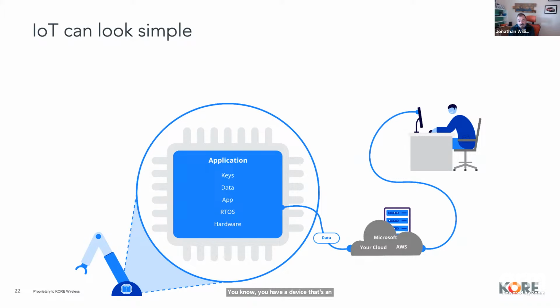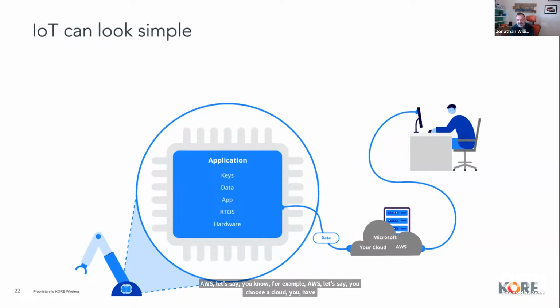It has a bit of hardware, an operating system, an application or firmware. Maybe you've got some keys and something you need to connect through to your back end, for example, AWS, let's say. You choose a cloud, you have connectivity, you connect your device, and away you go, right? I mean, how hard can it be? But it turns out it's actually quite hard.